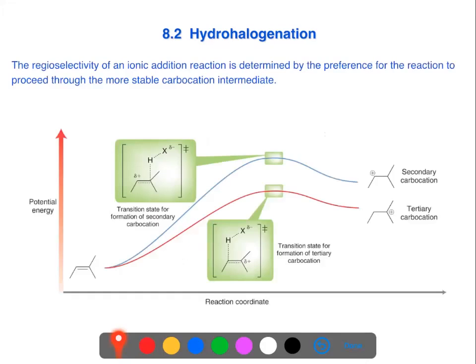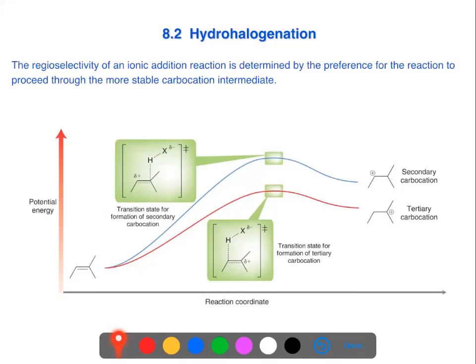And we can take a closer look at the energy diagram for this particular hydrohalogenation reaction. You can see the transition state leading to the secondary carbocation would place a partial positive charge, and so this is going to be less stable than this particular transition state, where the partial positive charge is at a tertiary center.